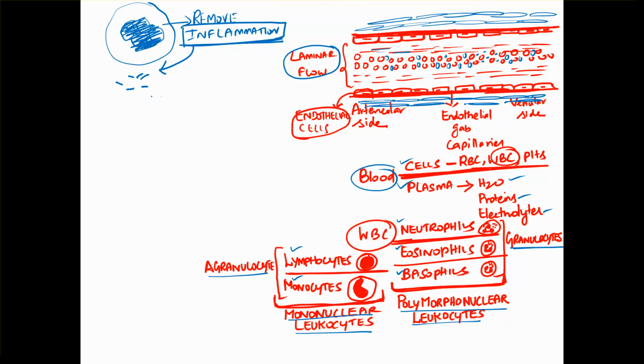For example, when the tissue goes for necrosis, there are some connective tissue cells called mast cells. Mast cells release histamine.